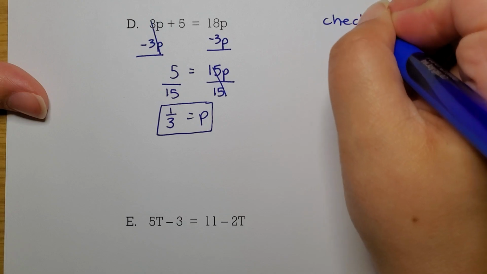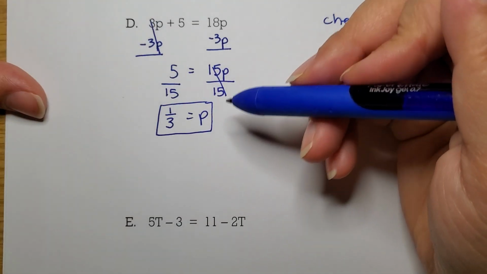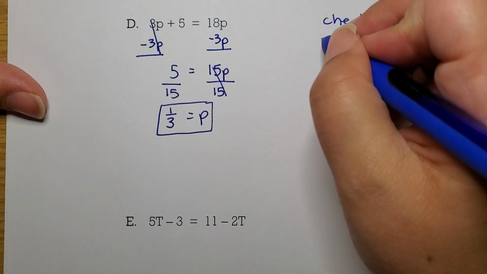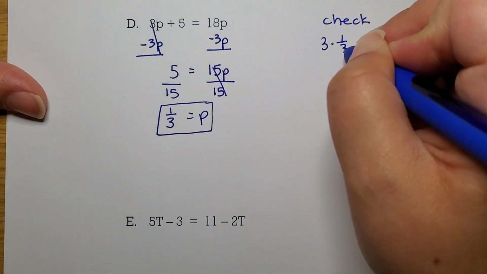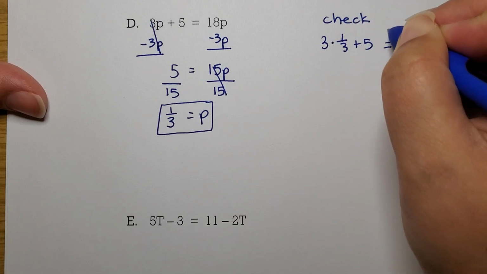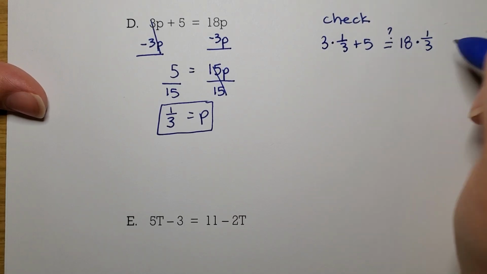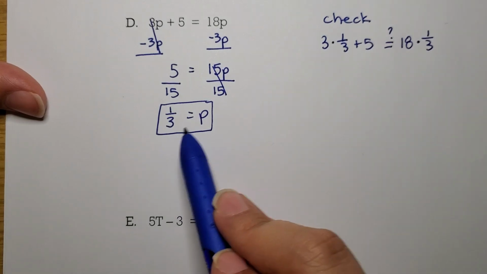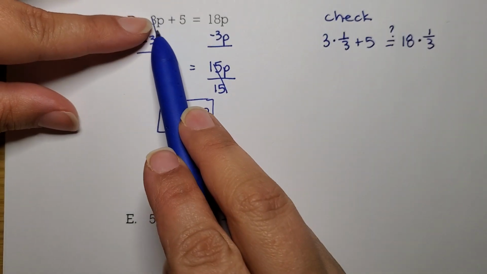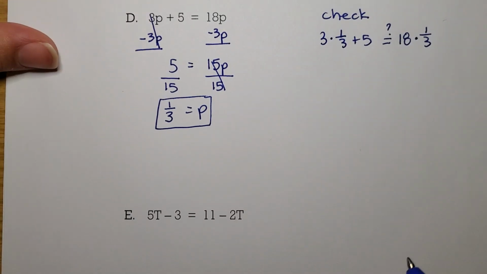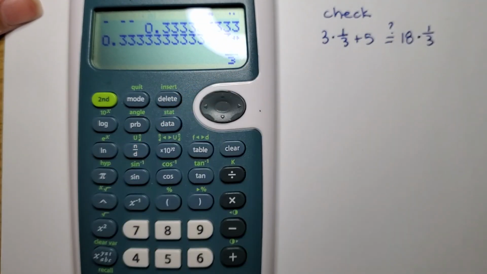Let's check our answer, especially since we did a weird thing and we got a weird answer. Let's make sure we check this. So 3 times 1/3 plus 5, does that equal 18 times 1/3? So this time I'm substituting this value in for the p on the left and the p on the right. So let's do 1/3 times 3.